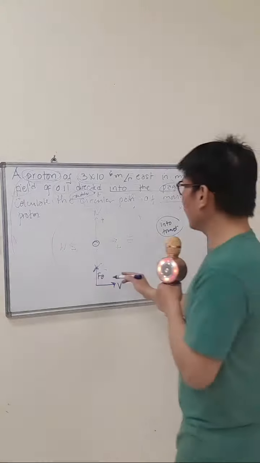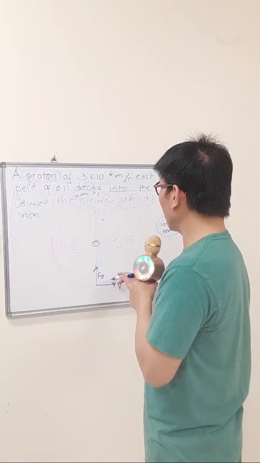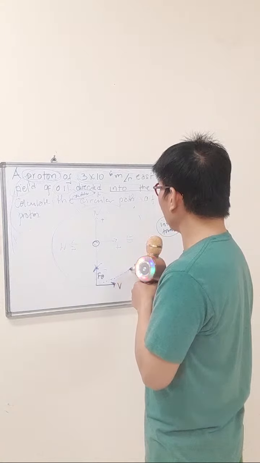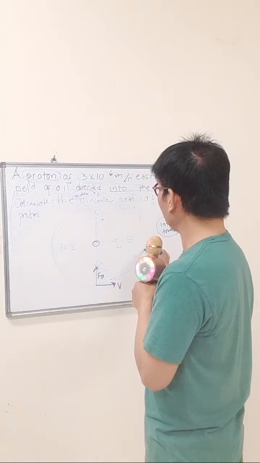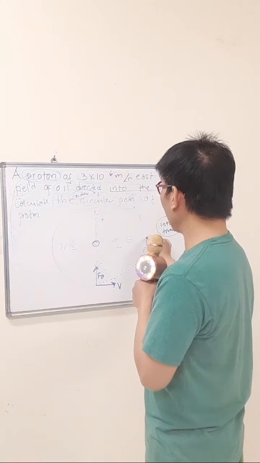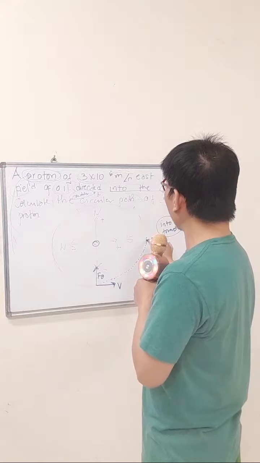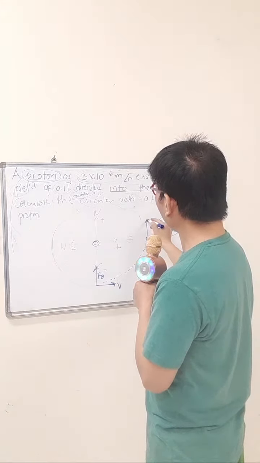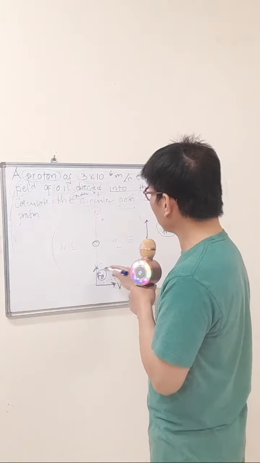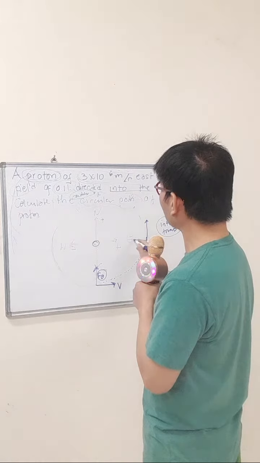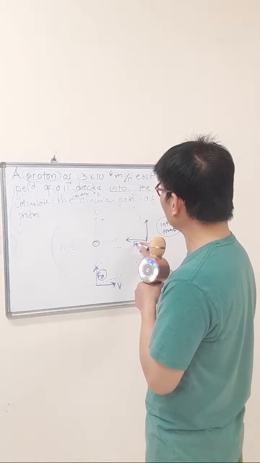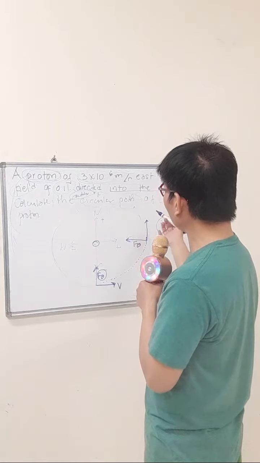And now, going here, put an imaginary line like that, and then your velocity will go up. And then your FB, magnetic force, will be directed also to the center, like that. I will explain later why.